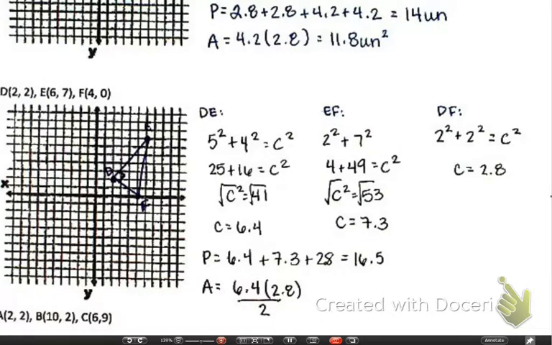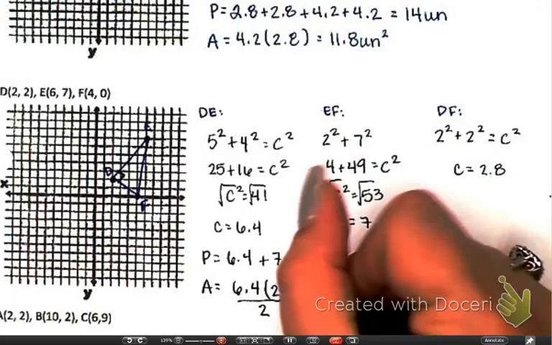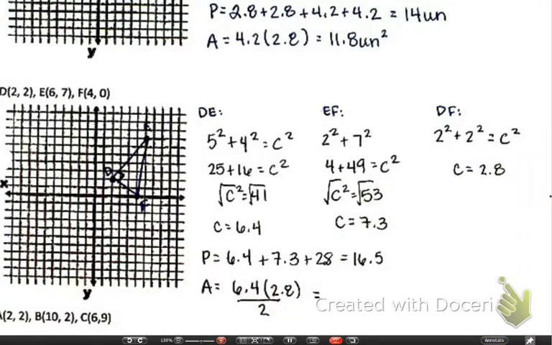So 6.4 times 2.8 divided by 2, rounded to the nearest tenth would be what? 6.4 times 2.8 divided by 2.